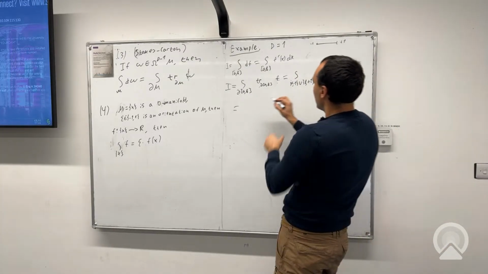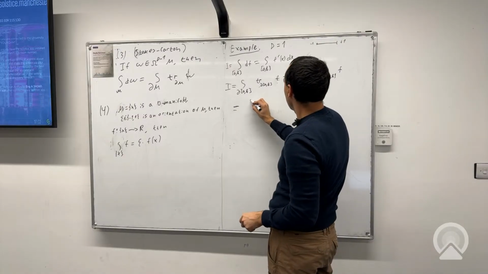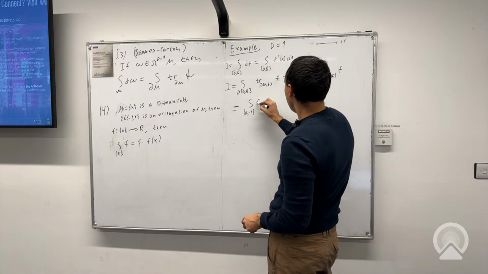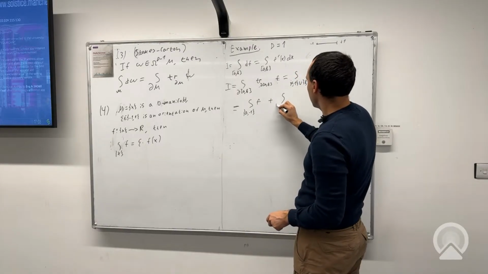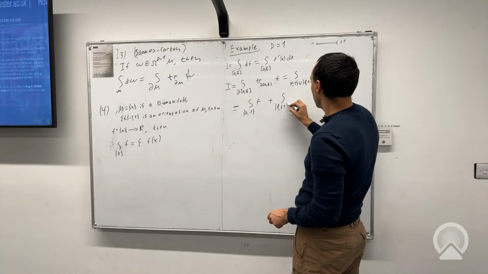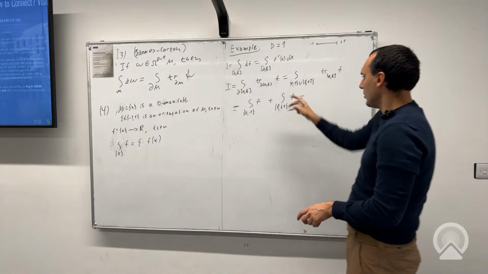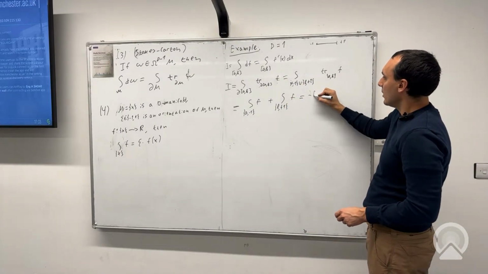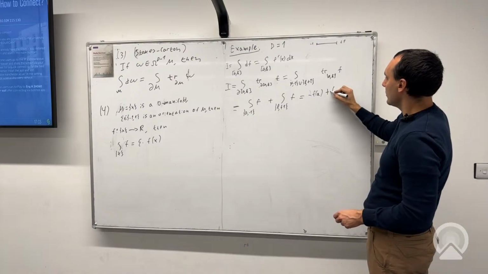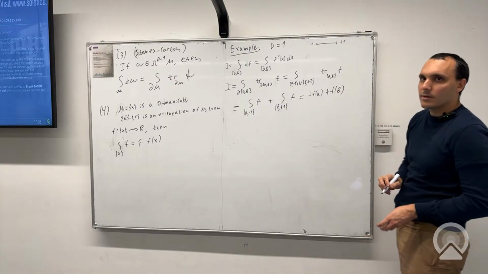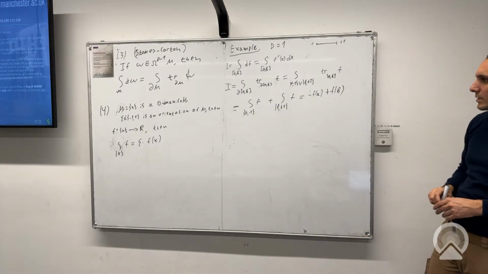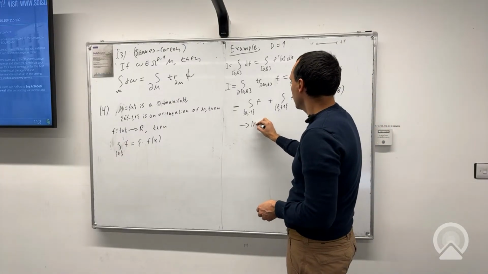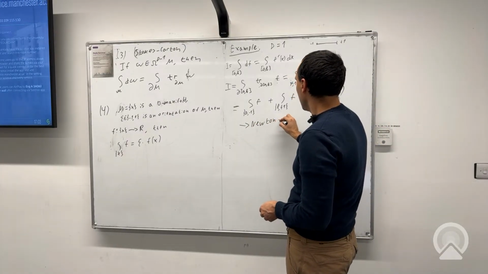This is a sum of two integrals: the integral over a with minus 1 of f plus the integral over b with plus 1 of f. I omitted the traces, and this is minus f of a plus f of b. So this is Newton-Leibniz.